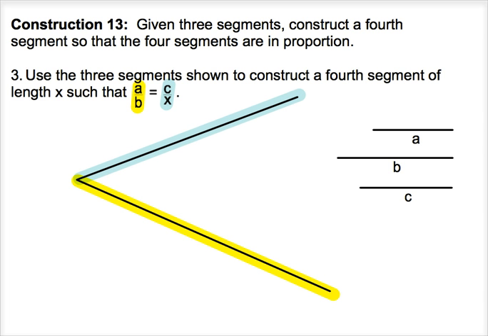Okay. So let's start to copy a and b. So here's how big a is. So I come over and transfer a. Now I'm going to measure out how big b is.